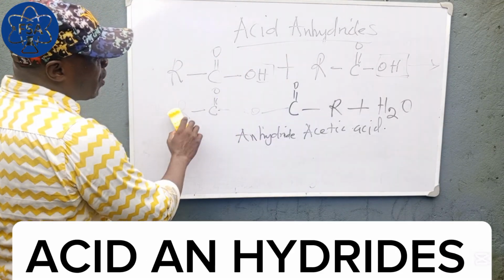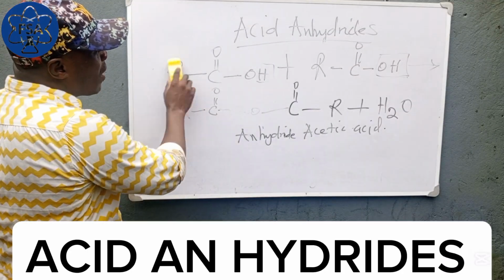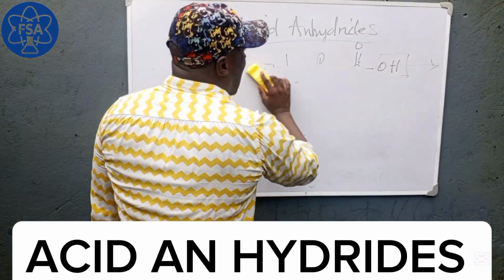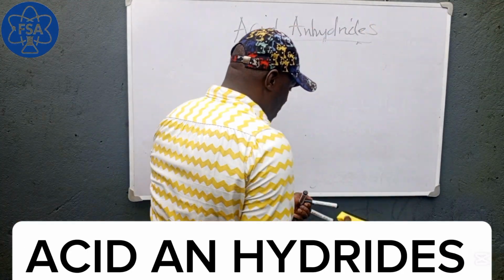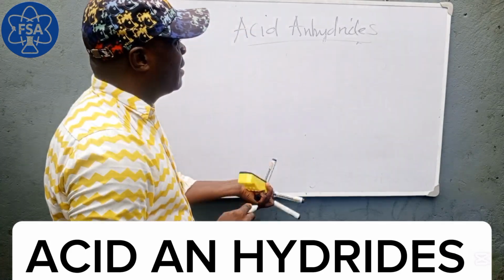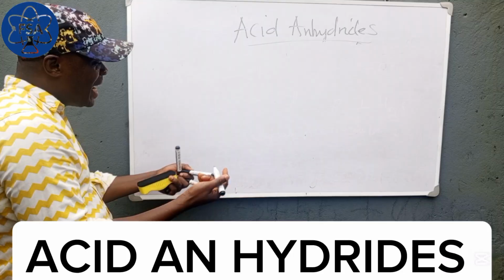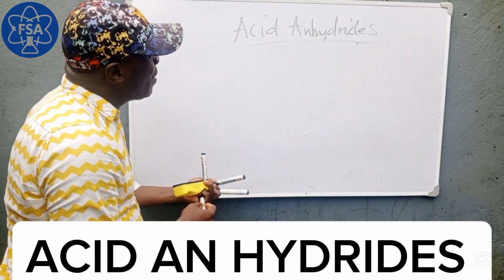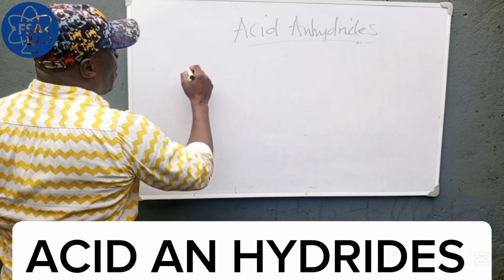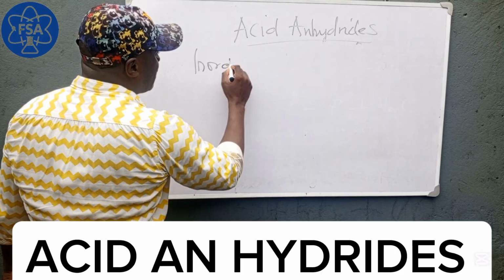So this type of anhydride can be exhibited by both organic acids and metallic oxides, as I earlier mentioned. Let's look at some examples in inorganic.